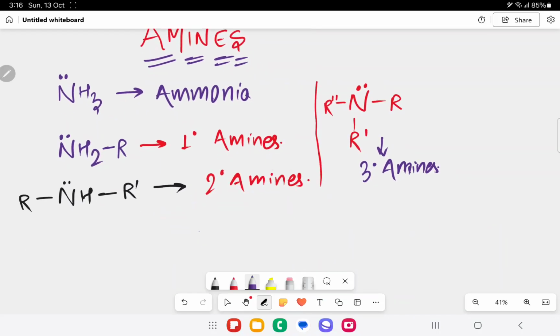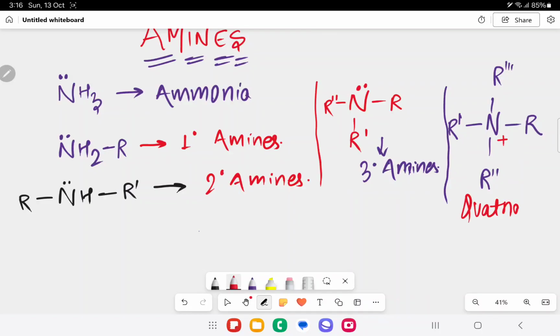The next one is when we write N with 1 R this side, 1 R this side, 1 R this side, and 1 R this side. On all 4 sides there is an R. Because of that, this nitrogen gets a positive charge, because nitrogen has 4 bonds, so it gives its own lone pair of electrons, and this is known as a quaternary ammonium salt.